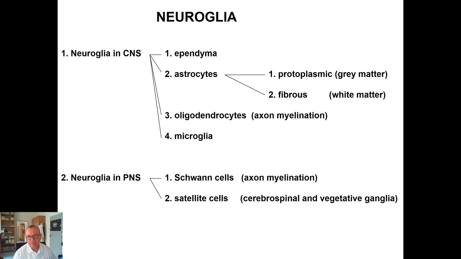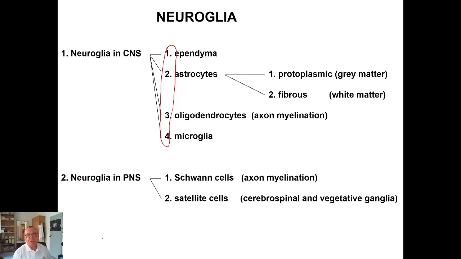We recognize 4 categories of central glial cells: ependymal cells, which are lining cavities of the central nervous system; astrocytes, which can be protoplasmic in gray matter and fibrous in white matter; oligodendrocytes, which are responsible for the axon myelination in the central nervous system; and microglial cells, which are very special.